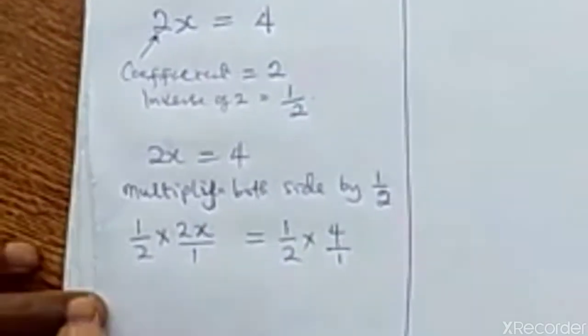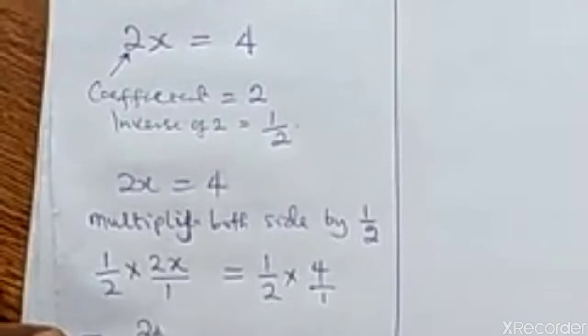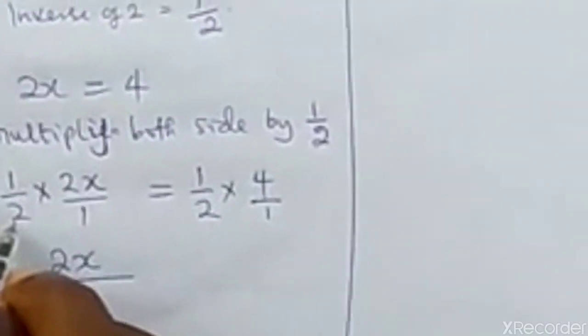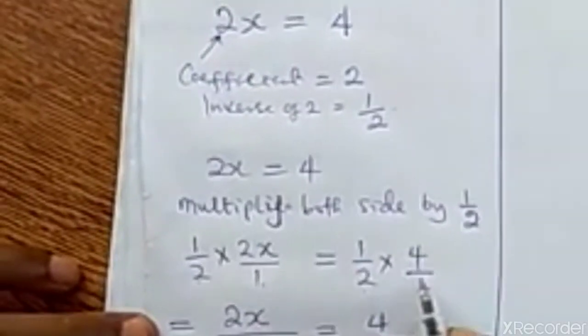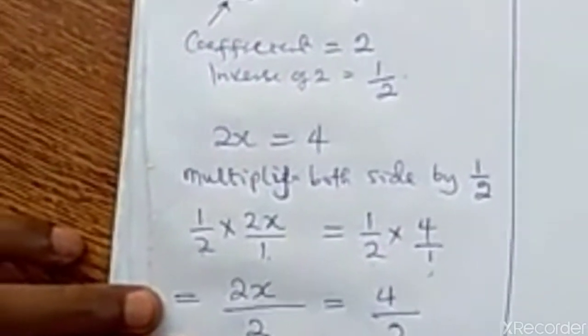Remember that 4 means 4 over 1, just like 2x means 2x over 1. So with numerator we multiply numerator, 1 multiplies 2x to give us 2x. Denominator we multiply denominator, 2 multiply 1 to give us 2, equal to the same thing here. 1 multiply 4 will give us 4, and 2 multiply 1 will give us 2.